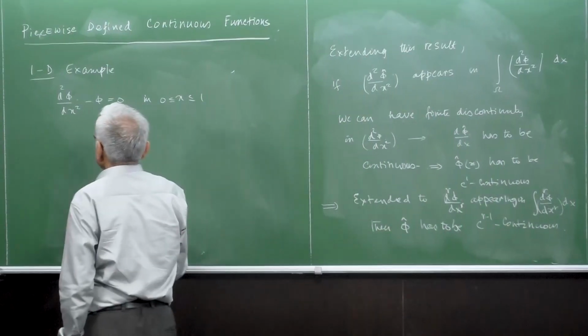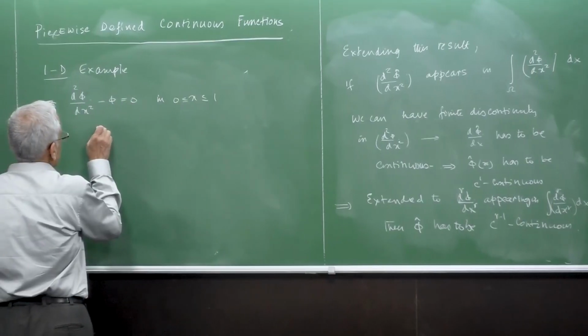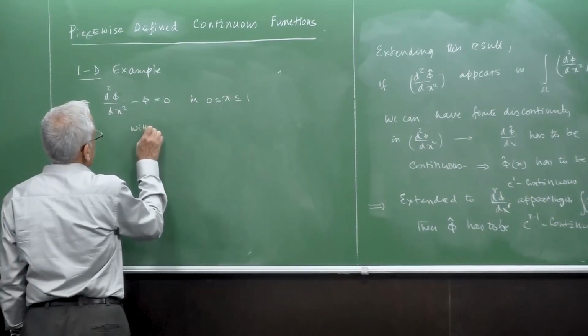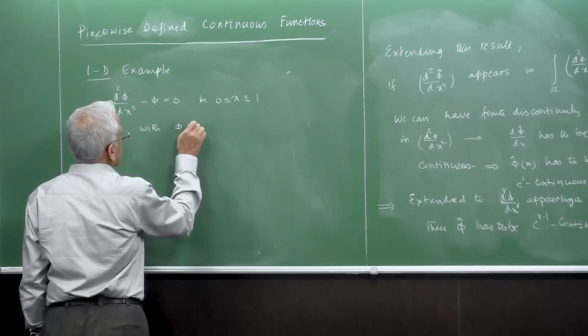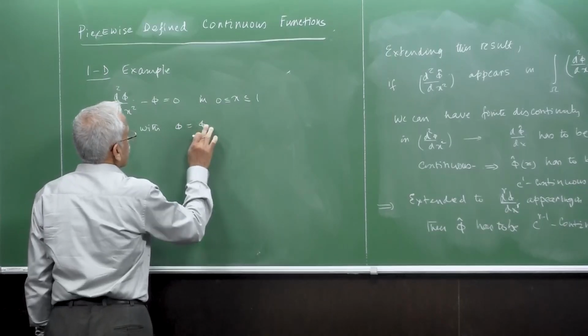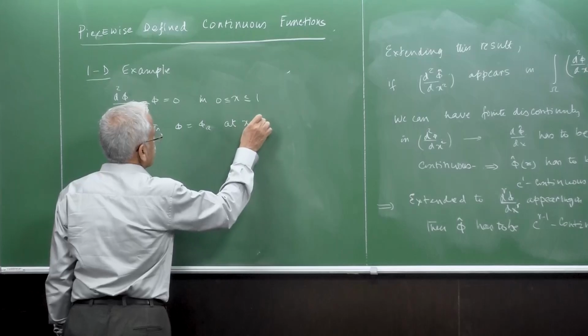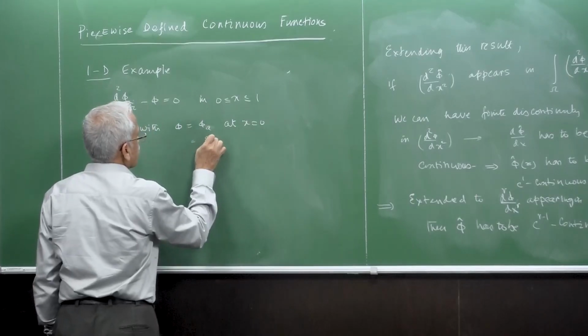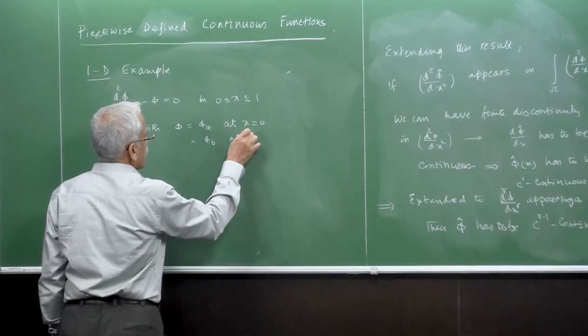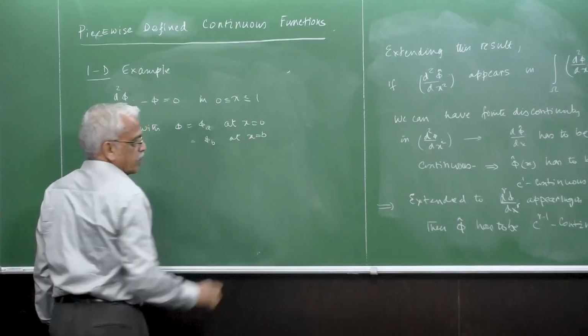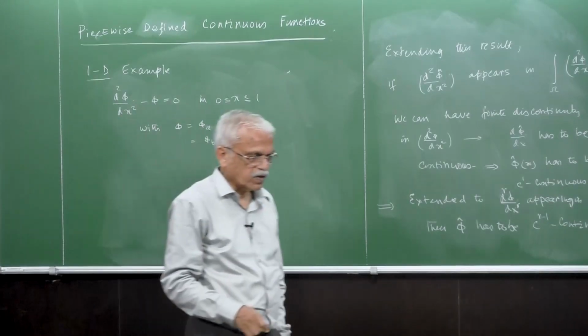I think we'll take it up a little later, but just for the sake of completeness, I will write it as phi a at x is equal to 0. We'll come to this as we go on.